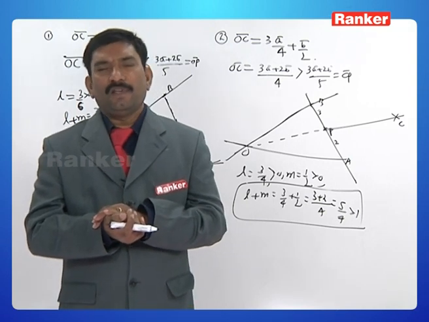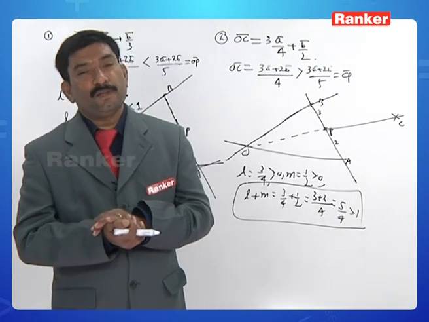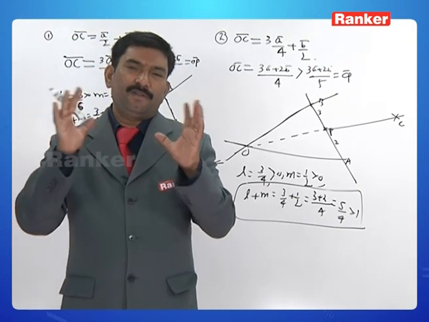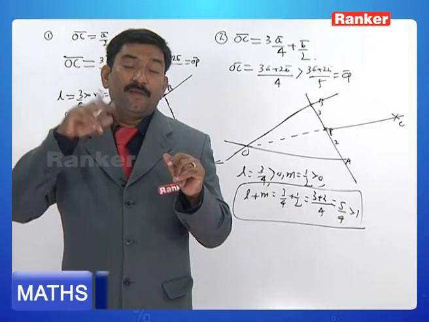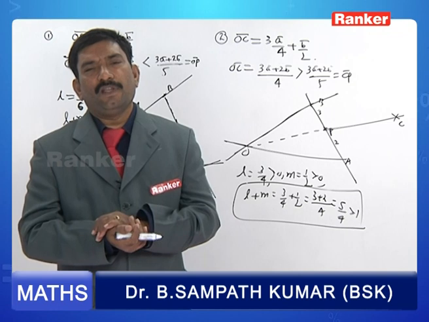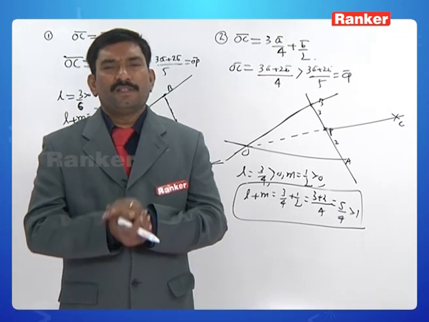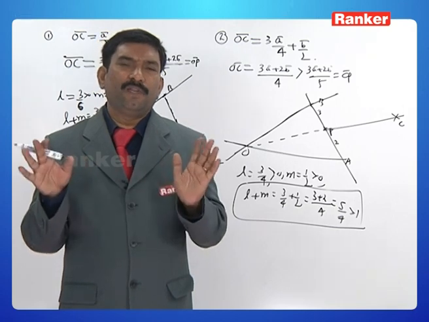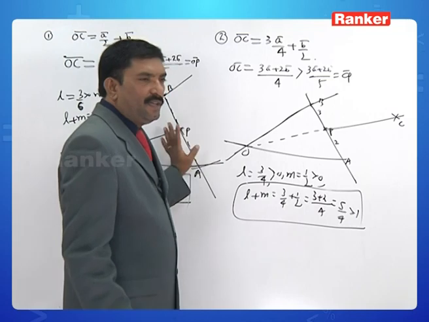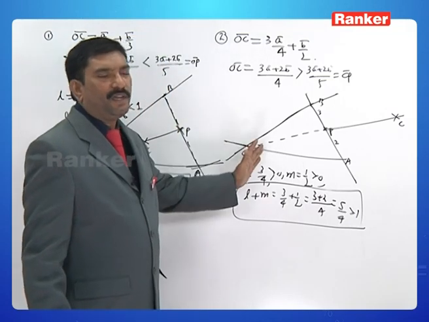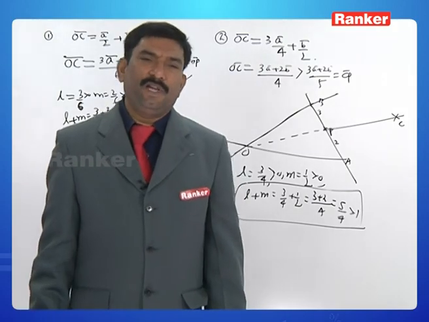When L negative, M positive, L plus M less than 1, then C lies outside the triangle OAB, but inside the angle OAB, right? Next, when L positive, M negative, L plus M less than 1, then C bar lies outside of the triangle OAB, but inside the angle OBA. So therefore, these are the examples to decide the position of a point with respect to the 2 points. Thank you.